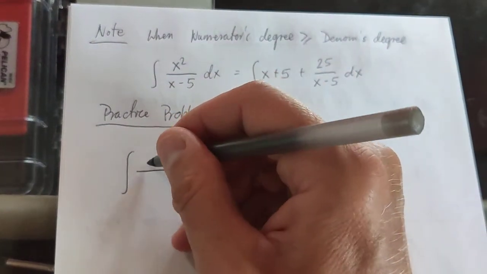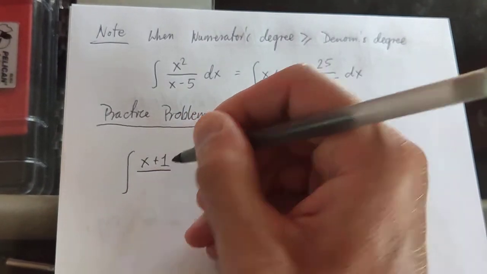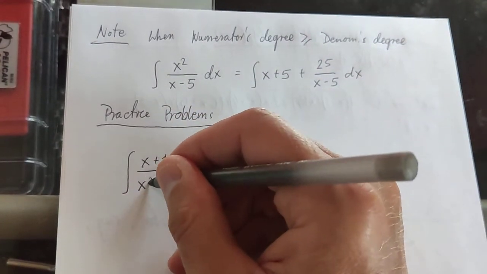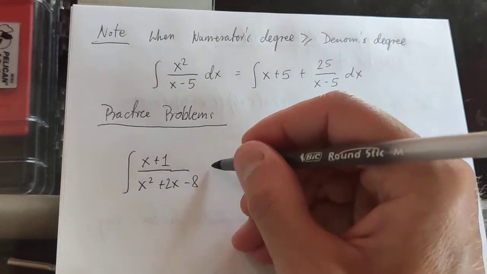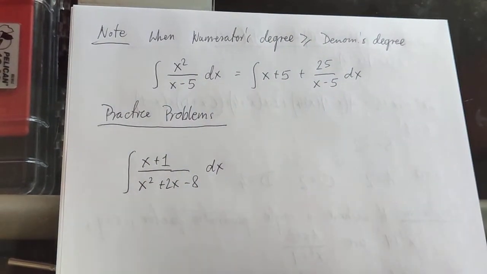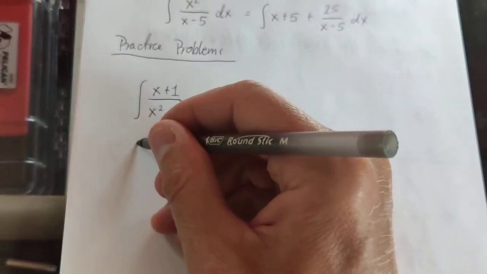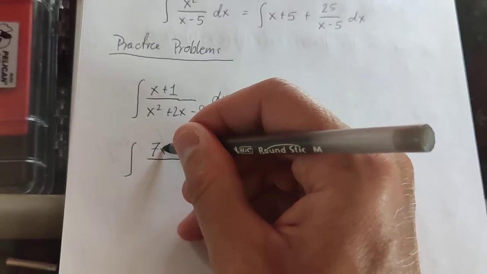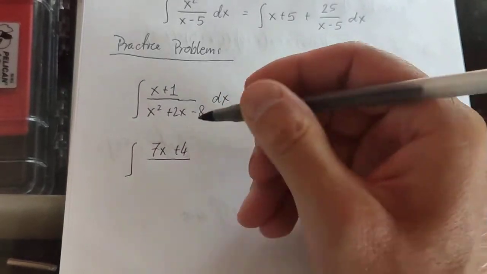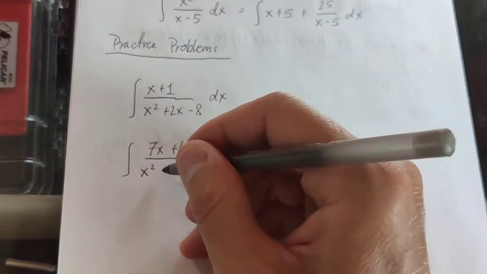I'll write the problems. I don't think you need to necessarily do them, but I would like you to figure out how to do them, or propose some method of solving this, or finding the antiderivatives.